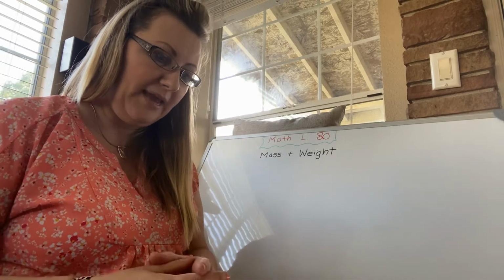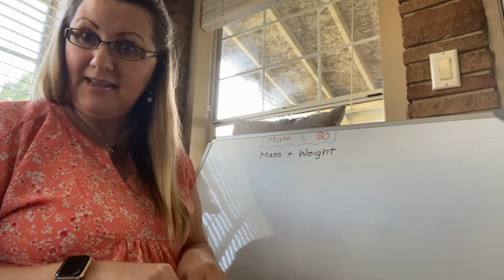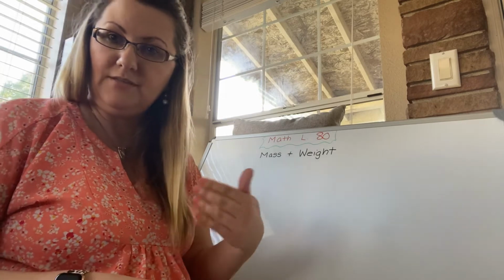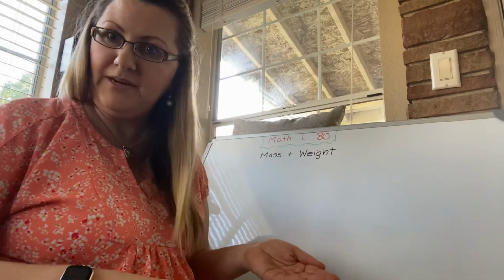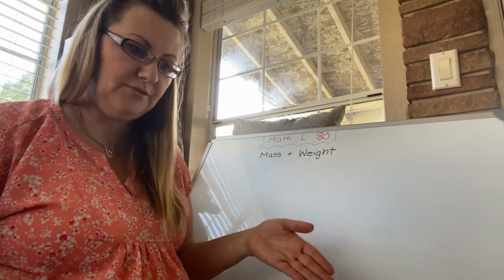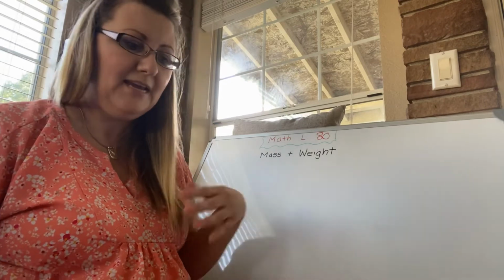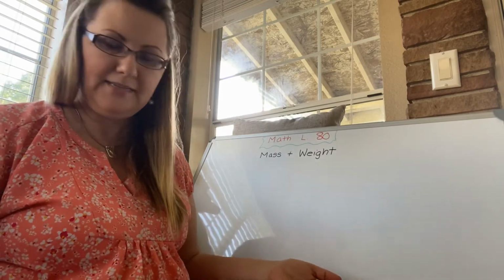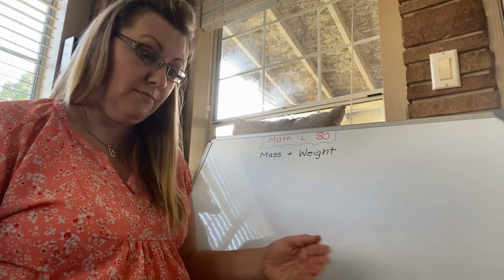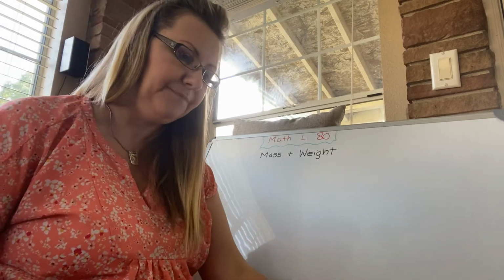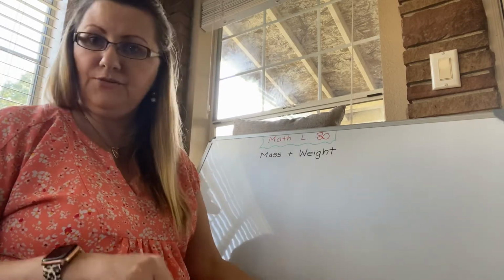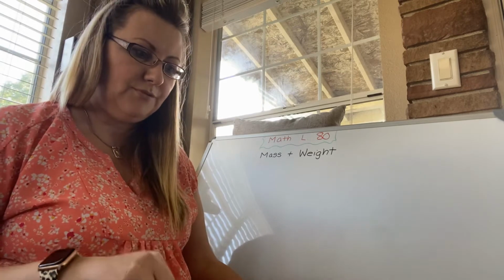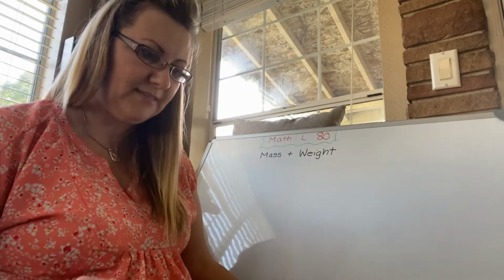Okay, so we measure weight, the pull of gravity on something. We measure weight in the United States, in the U.S. I've told you how there's the U.S. customary system that we use in the US obviously, and then there is the metric system that is used through much of the rest of the world. And in the US system, we use ounces, pounds, and tons.